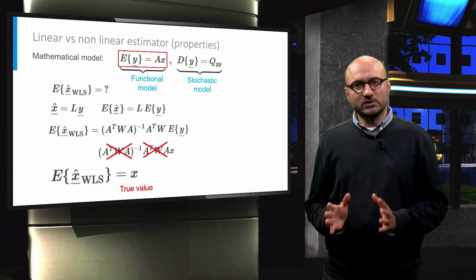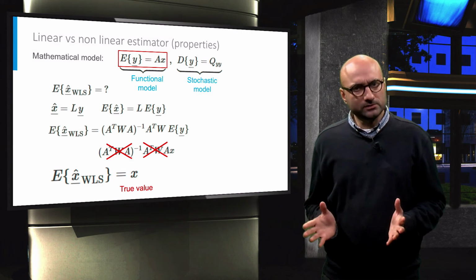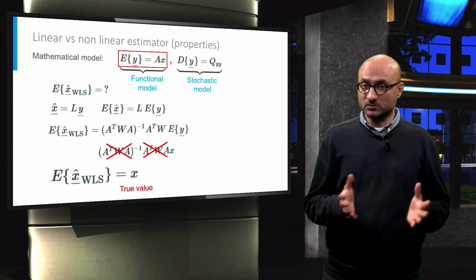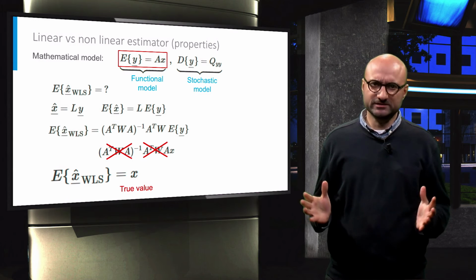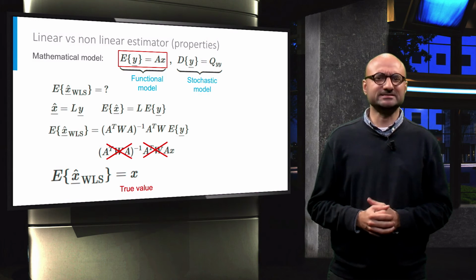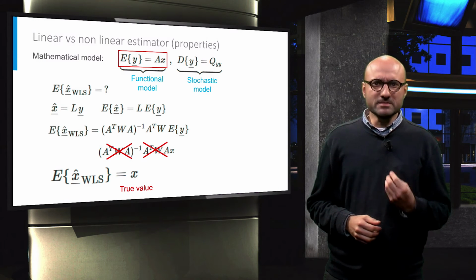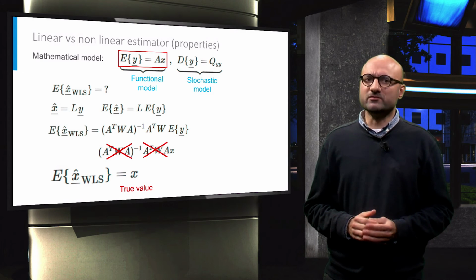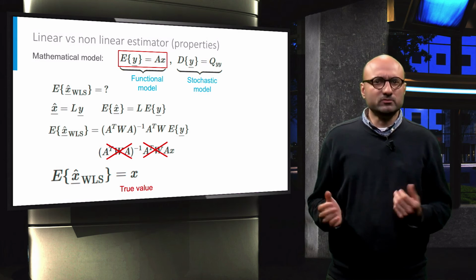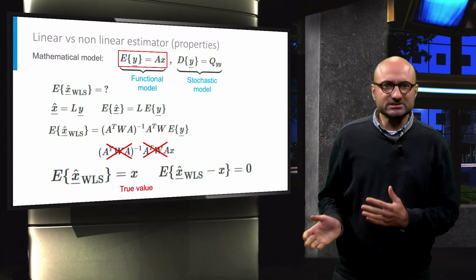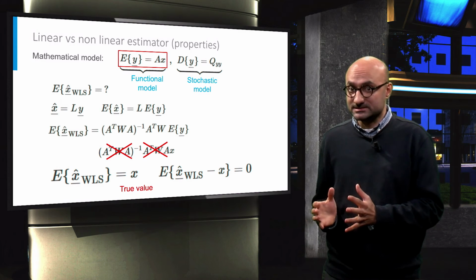Although the true value of x always remains unknown, this expectation equals x is an important conclusion. This means on average, if we have large realizations of x hat, we expect the mean value of the realizations to converge to the true value of x. We can also reformulate it and say that the expectation of x hat minus x is 0.